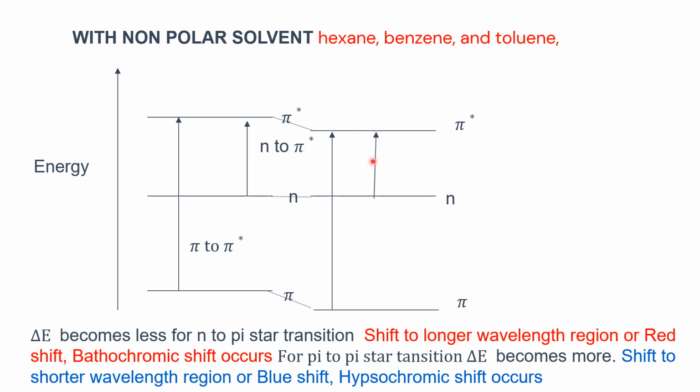Energy is less means wavelength will be more, so a red shift happens. But for pi to pi star, the delta E value is more compared to the polar case. So the wavelength will be less, and a blue shift happens.